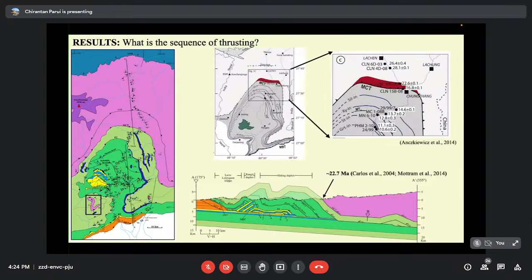The lutetium-hafnium ages of the Barrovian sequence, which lies in the hanging wall of the Pelling-Munsiyari thrust, show that garnet growth on a prograde path occurred between 14.6 and 10.6. And all these isograds are folded by the Lesser Himalayan duplex, which indicates that they must have formed later than 10.6. So based on this, I constrained overall a foreland-propagating thrusting sequence.